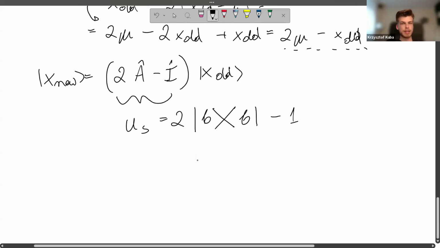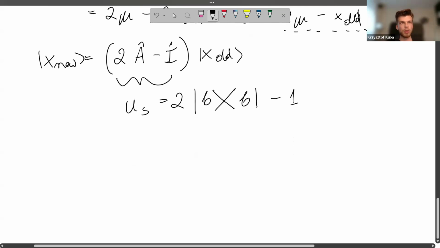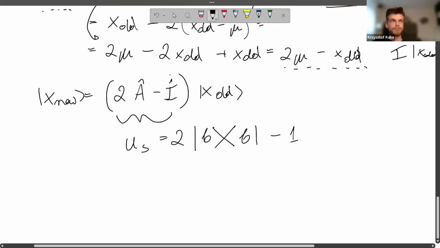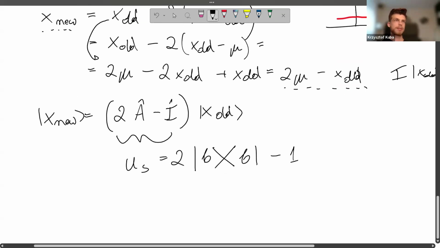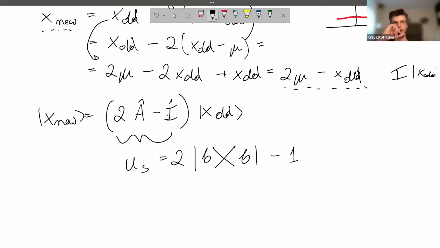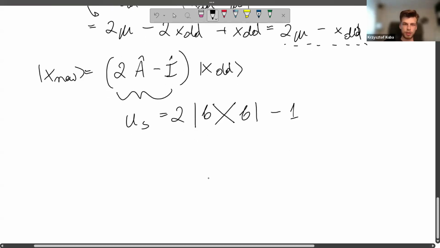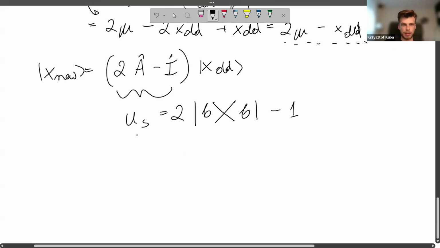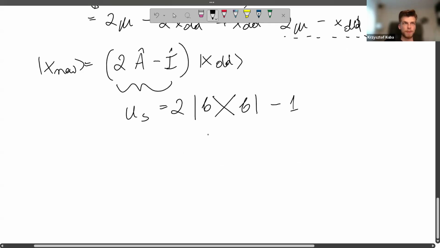We first have to do something more to be able to reconstruct it. So bear with me.